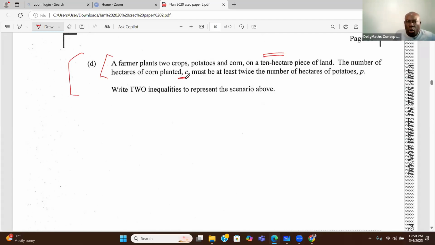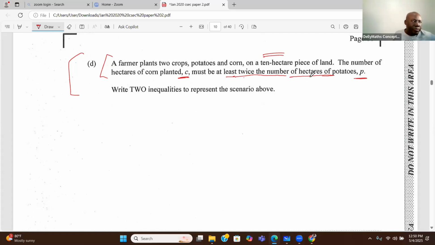So C is for corn, P is for potatoes. It says the farmer has 10 hectares of land. The number of hectares of corn must be at least twice the number of hectares of potato.